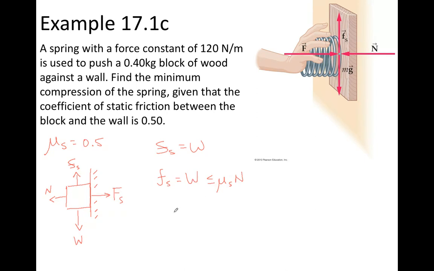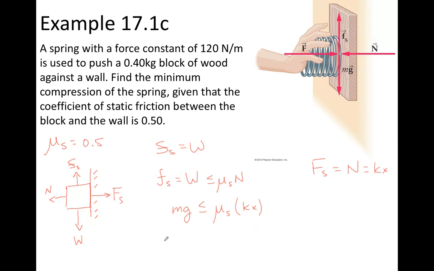So I can substitute in for the weight force m times g, and that can't be any bigger than mu s times the normal force. Well, the normal force, which acts to the left on the block, has to balance the spring force. And the spring force, by Hooke's law, is equal to k times x. So the normal force we can substitute k times x for that.